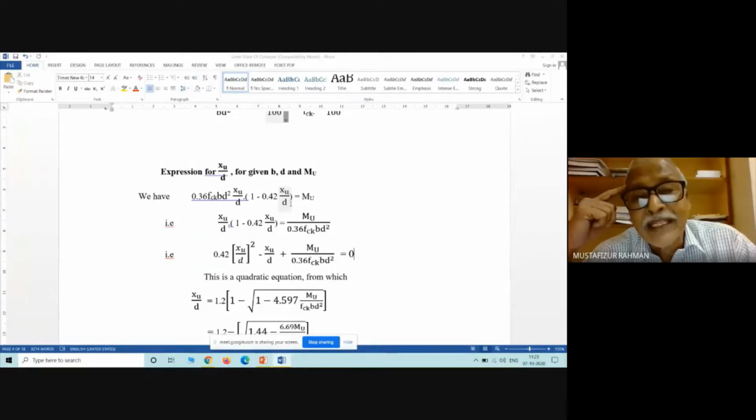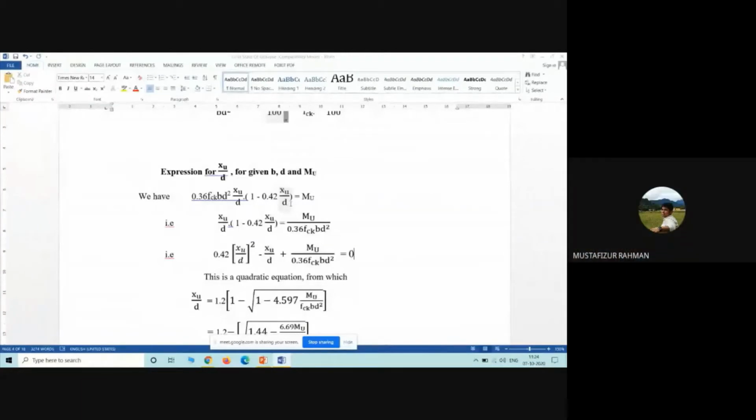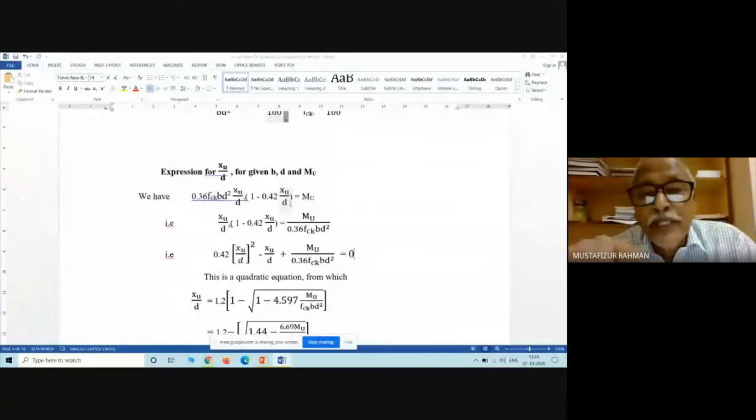Now from the bracket, d minus 0.42 xu, you bring d outside. Once you bring d outside, in place of d it will be just 1, and in place of xu it will be xu by d. Then outside there is one xu, so this d coming out of the bracket makes it d squared.